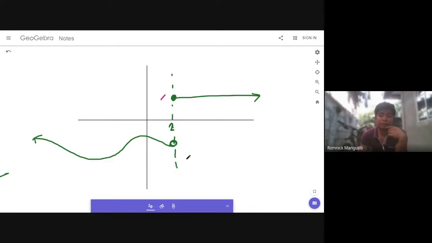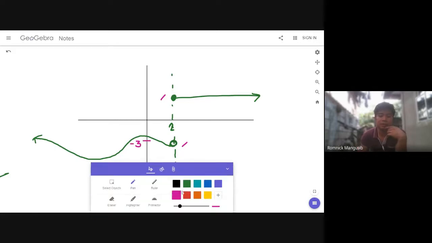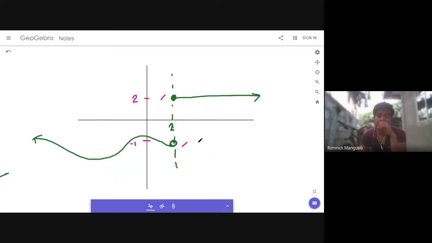Nag-meet ba sila? Kung iyan na papunta dyan, yung isa dito, and let's say this is negative 1. And the other is, let's say for example, this is 2. So anong masasabi mo dito? Let's say that is a graph of a piecewise function, let's say p of x.